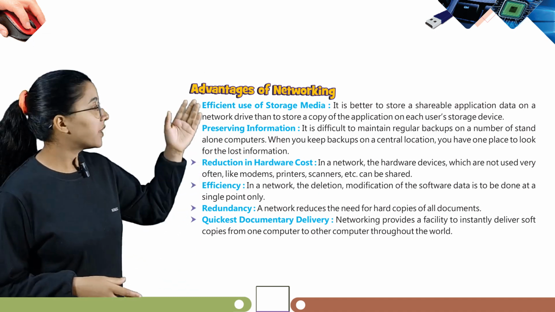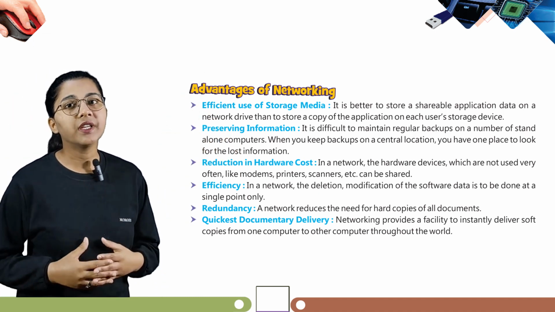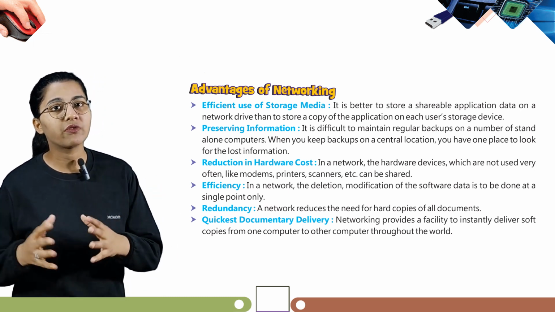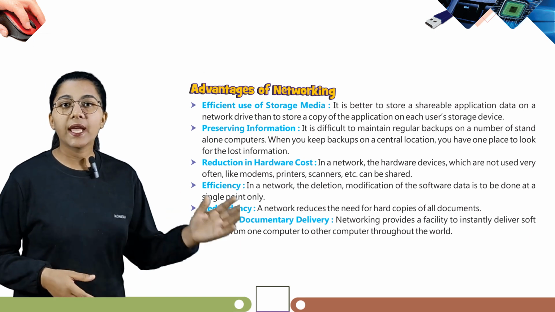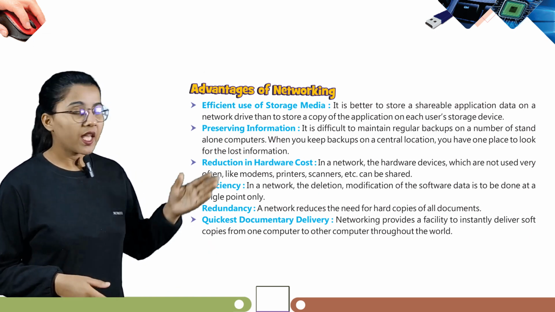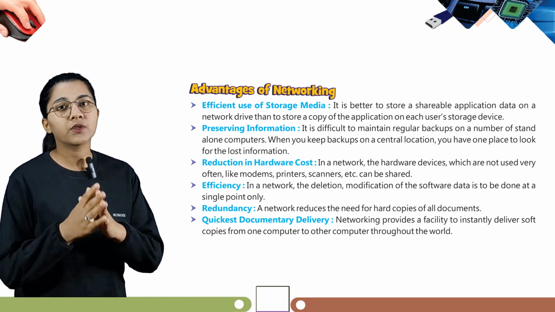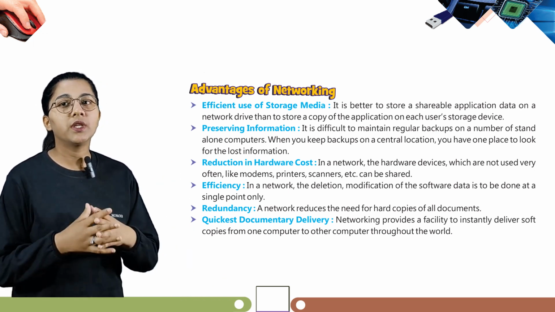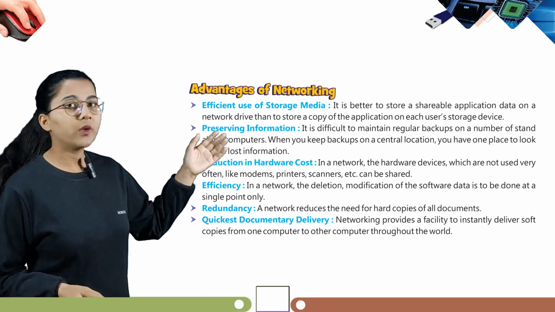Then we have reduction in hardware cost. In a network, the hardware devices which are not used very often like modems, printers, scanners, etc. can be shared. Then we have efficiency. In a network, the deletion or modification of the software data is to be done at a single point only. Then we have redundancy.